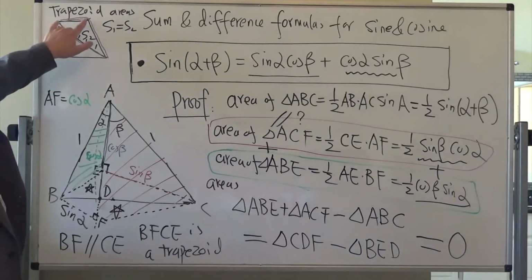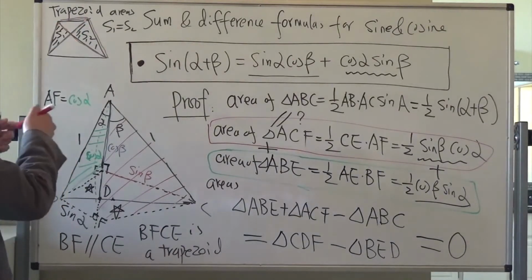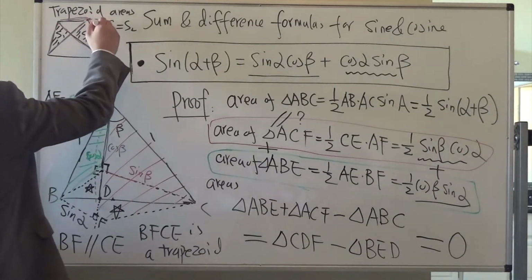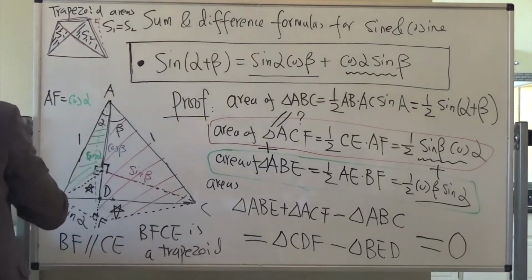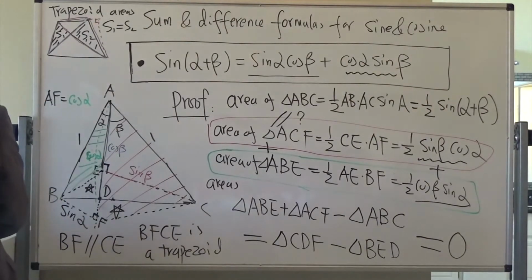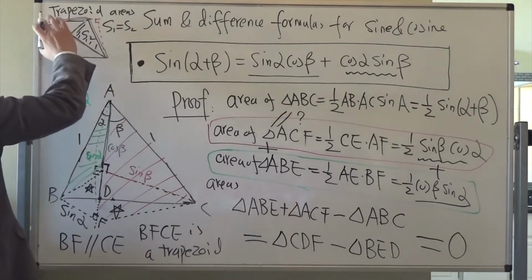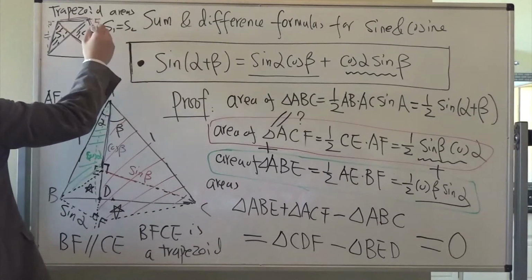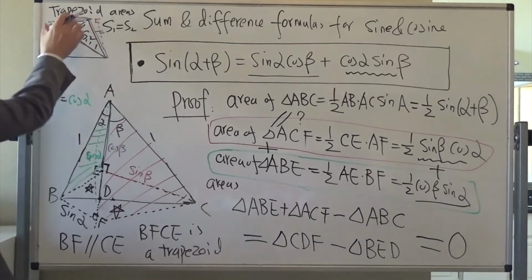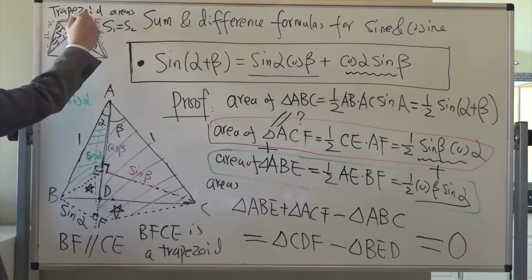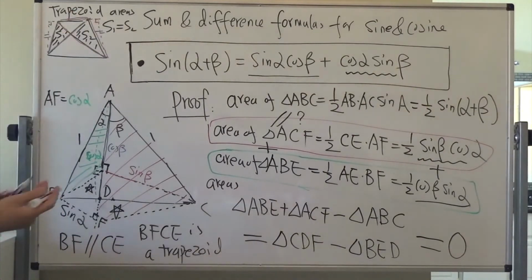Why? Because they share the same base, and the height is also the same. If you draw the height, this is the height, and this one has the same height. So these two triangles are the same.